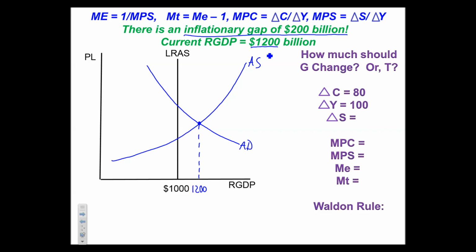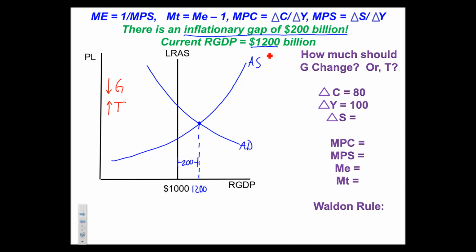So that means our current gap is 200, and we want GDP to actually get smaller now. A couple things we already know: we are going to need to either decrease spending or increase taxes. The question becomes, by how much?